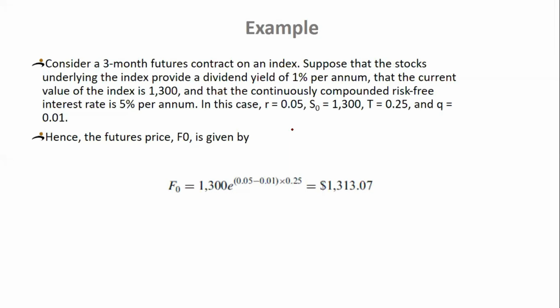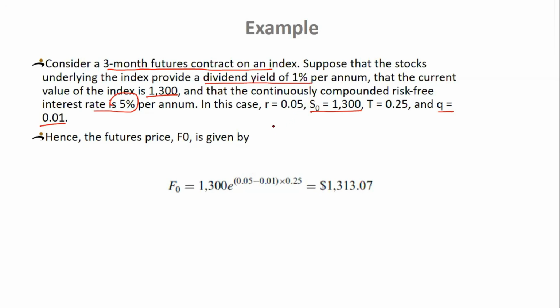Let's take an example. We are looking at a 3-month futures contract on an index. This index provides a dividend yield of 1%, so our q will be 0.01. The current value of the index is 1300, so this is the spot price of the index. The continuously compounded risk-free interest rate is 5%, so r is 0.05.